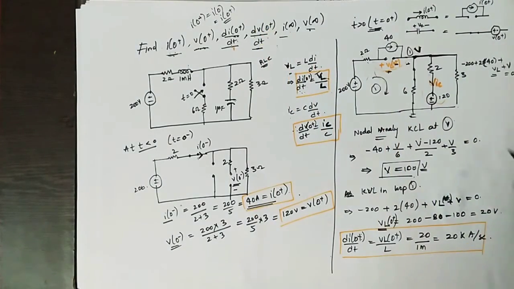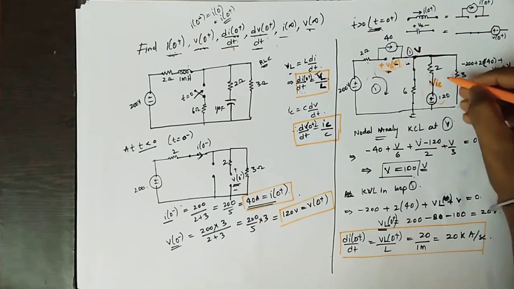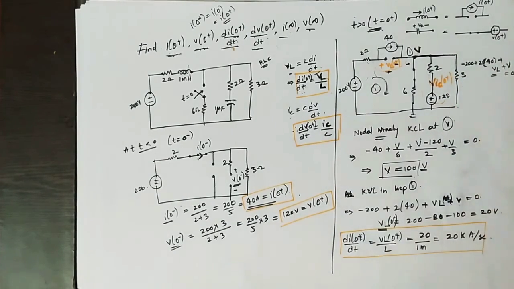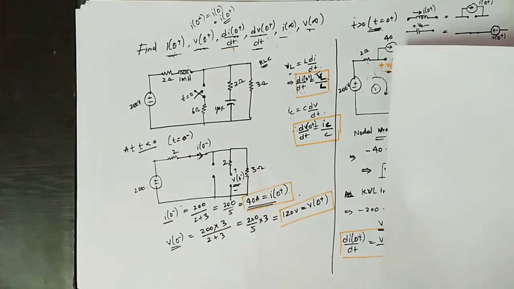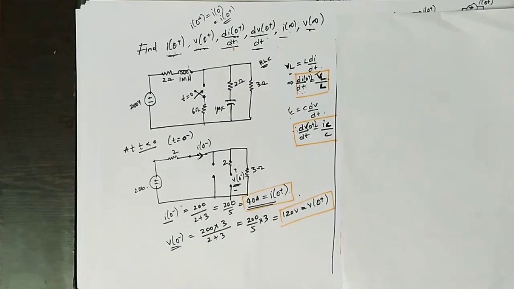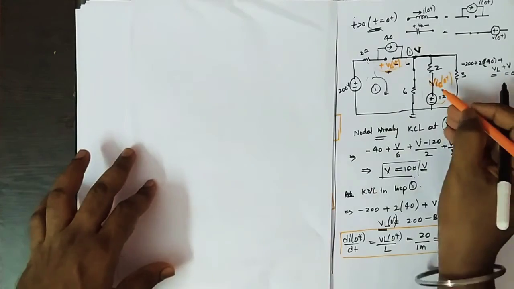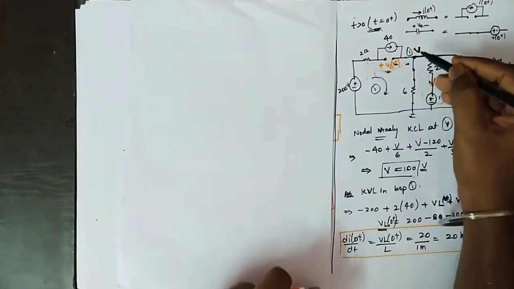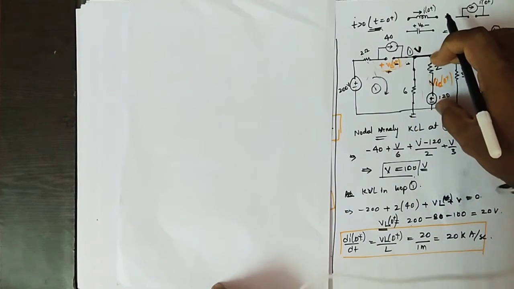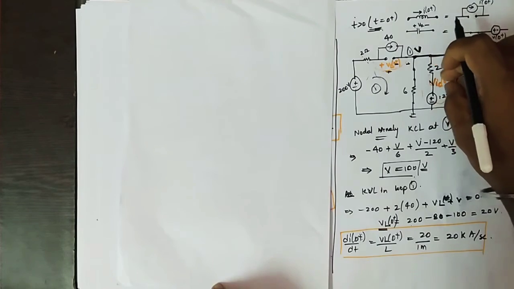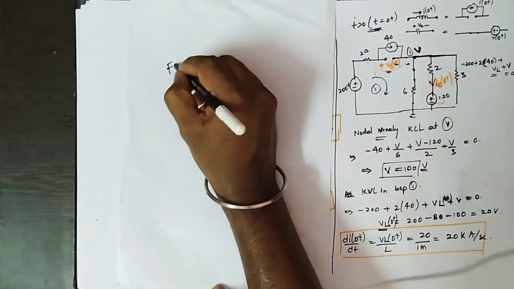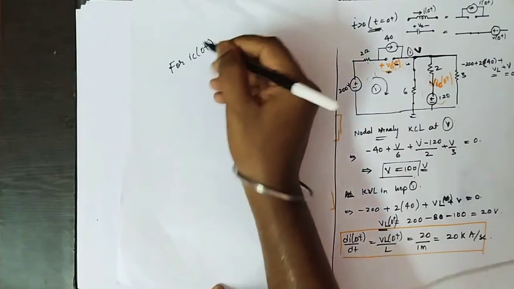For that you need to find IC of 0 plus. So finding IC of 0 plus means you have voltage V. If you know the voltage across this branch, you can find IC of 0 plus.